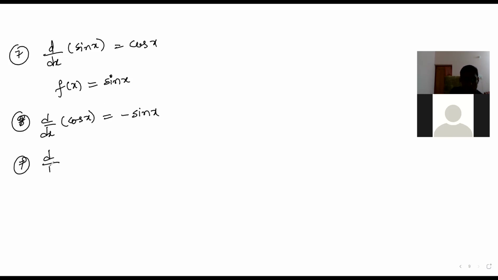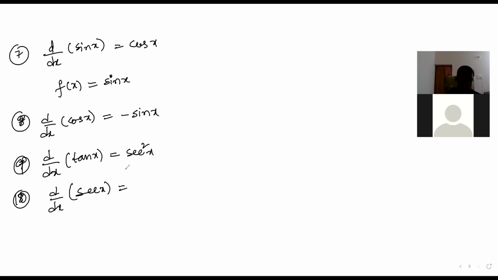Next, d by dx of tan x, we should know. For tan x, the differentiation is secant square x. Next, d by dx of secant x is secant x tan x.